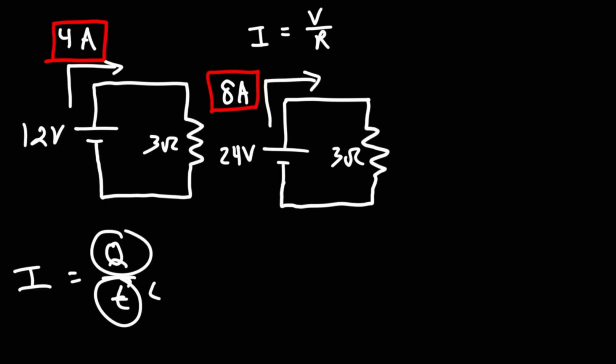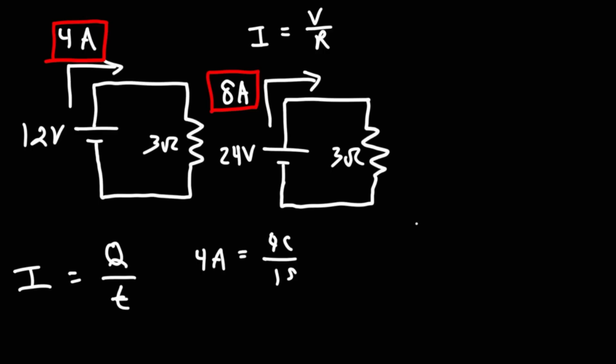Because when you put T in the bottom of a fraction, you're dealing with a rate. So the current represents the rate of charge flow. A current of 4 amps is basically 4 coulombs traveling per second. A current of 8 amps represents a charge of 8 coulombs flowing per second.